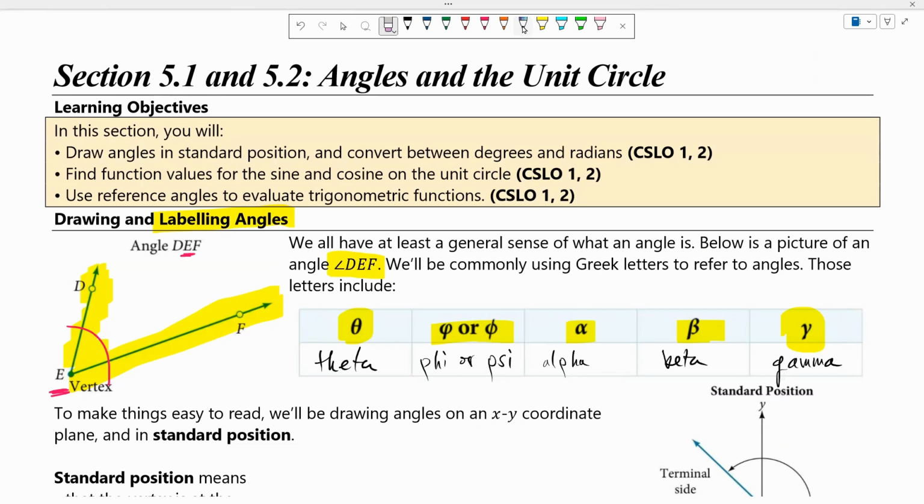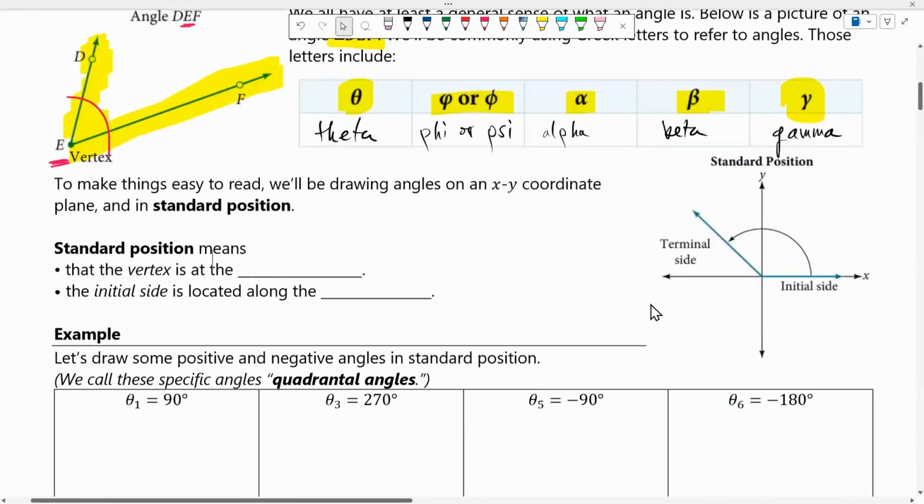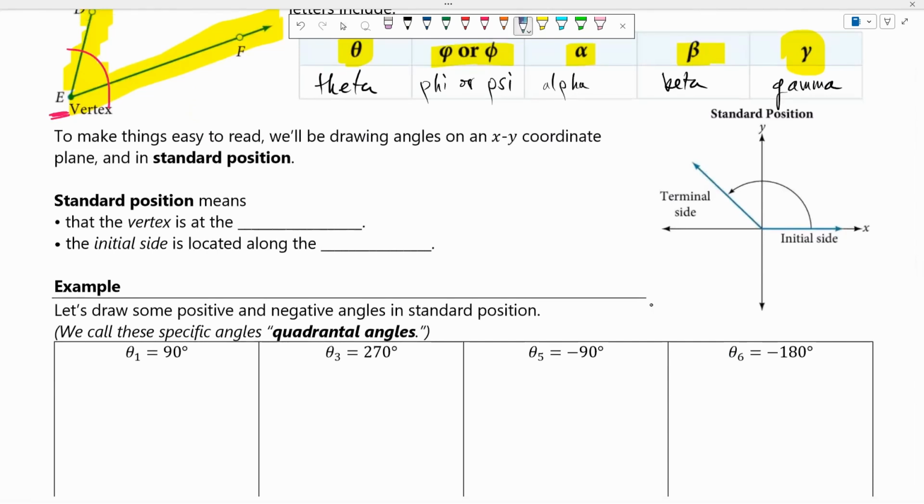All right. Let's get some of the nomenclature down, things that we need to get comfortable with when we're writing down angles. When we usually write down an angle, we want to do it in this thing called the standard position. The standard position for an angle is when the vertex is at the origin and its initial side is along the x-axis.